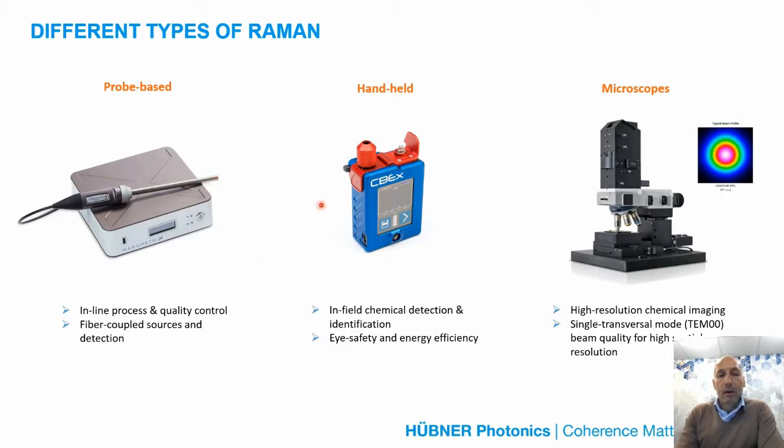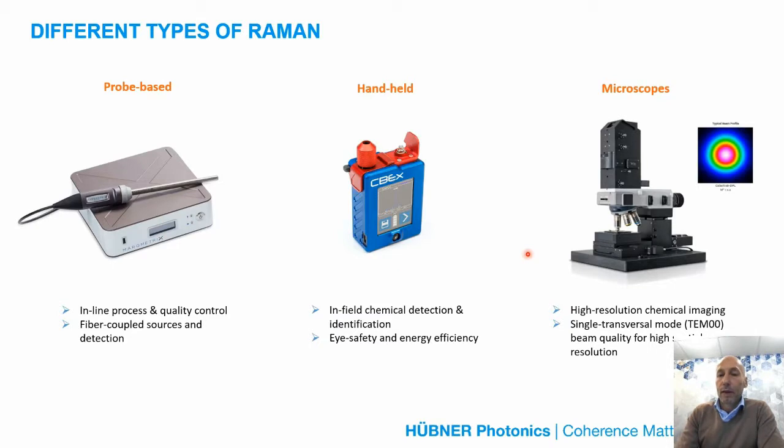Then we have very compact and small handheld Raman instruments like this one here, which are being used for in-field chemical detection and identification, for instance for fraud detection or drug identification. Here the eye safety aspects of the laser source can be quite important, and also the energy efficiency is important, as these devices are typically battery driven.